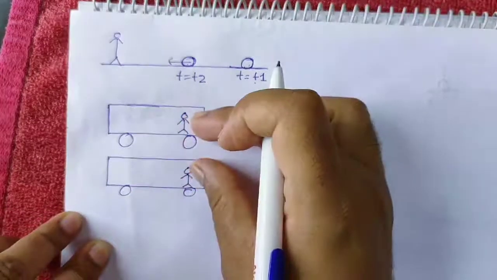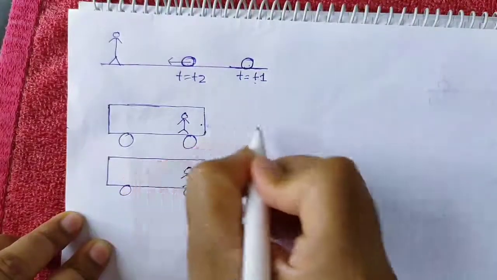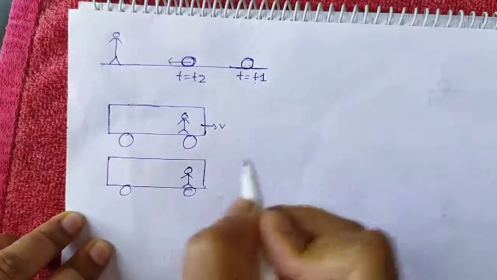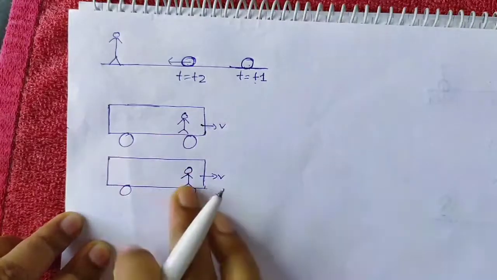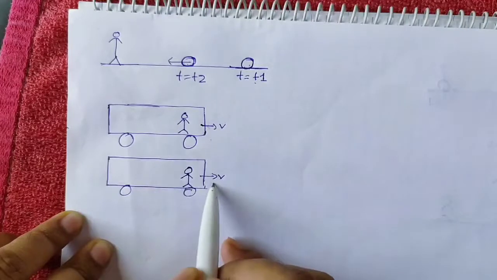The buses are very close to each other, and the bus is moving in the same direction with the same speed. Let us say the speed of the bus is v, for example. Again I repeat, the bus is traveling in the same direction with the same speed.